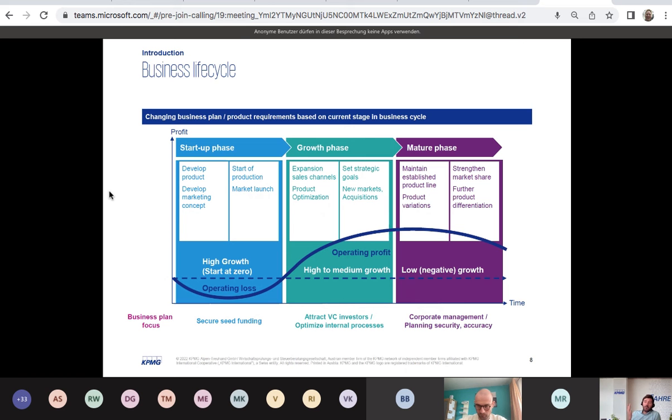And there you also see, for example, the business plan focus in the first stage, secure seed financing. In this startup phase, you typically are developing your product, you're developing the marketing concept, maybe start production.